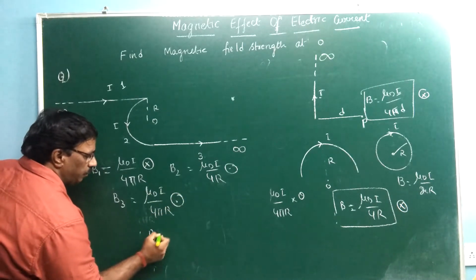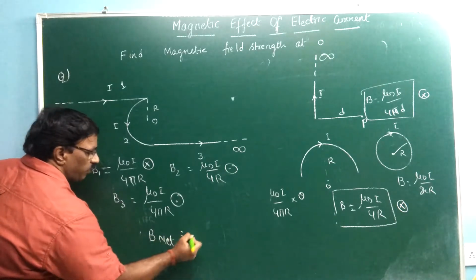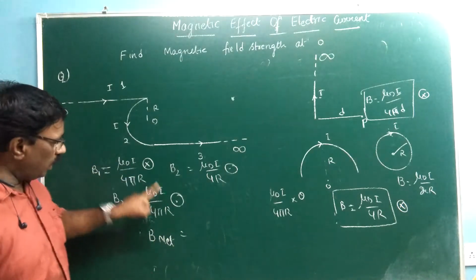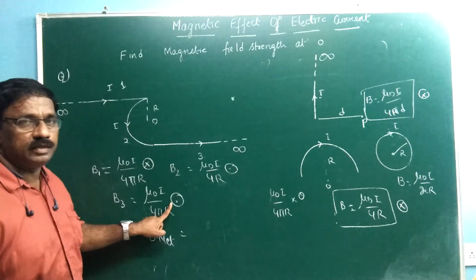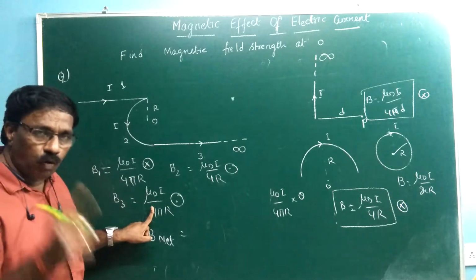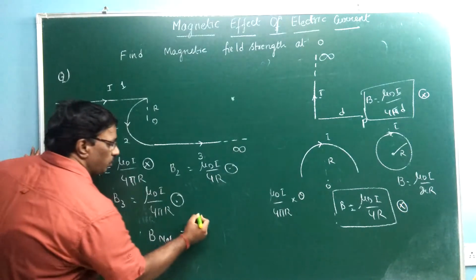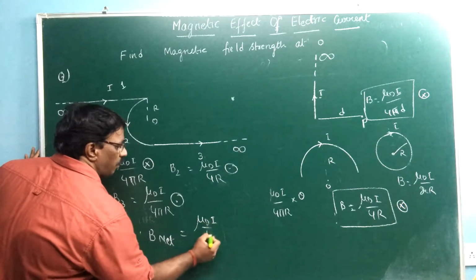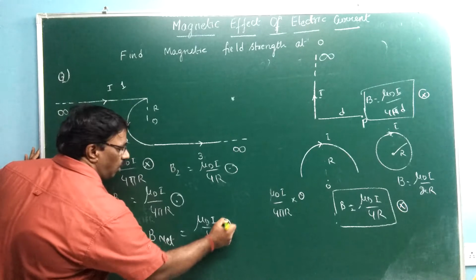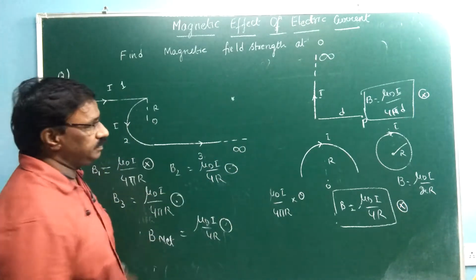If you add them for B net, B1 and B3 are equal but oppositely directed, so they get cancelled. The only thing left uncancelled is mu naught I by 4r, so the answer is mu naught I by 4r, direction out. This is the way to do this.